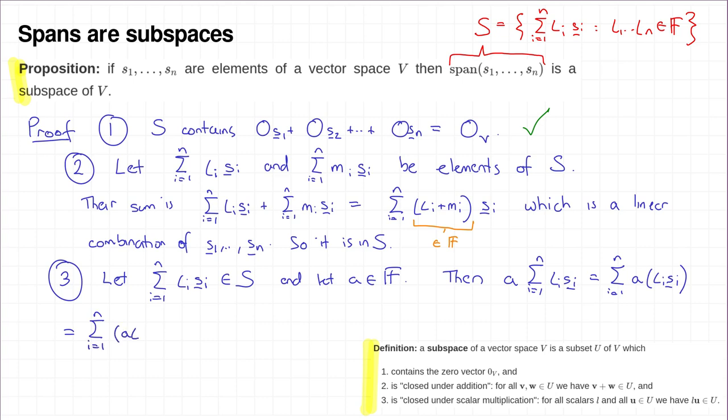I can rewrite that as A times Li, where I do that multiplication in my field F, multiplied into the vector Si. Alright, that is a linear combination of S1 up to Sn. So it's an element of S.